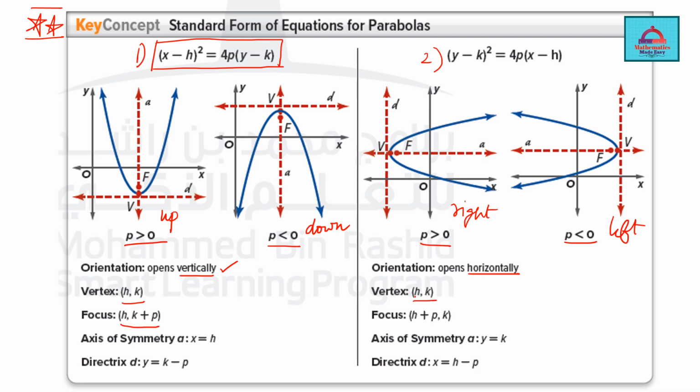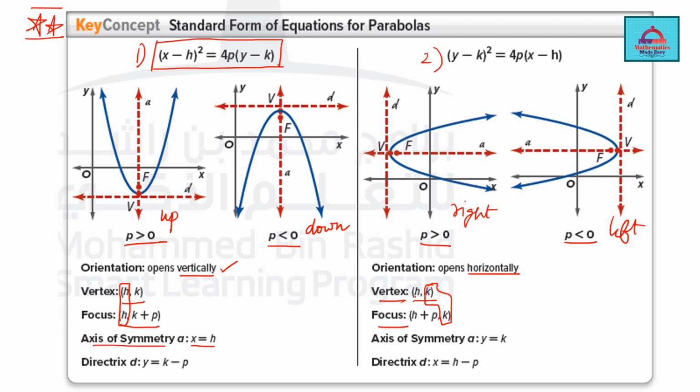Focus here is (h, k plus p). So just observe one thing, that the vertex and the focus have the same x coordinate for vertical, and the vertex and the focus have the same y coordinate for the horizontal. So that will again be an important point of writing and solving questions on parabola.